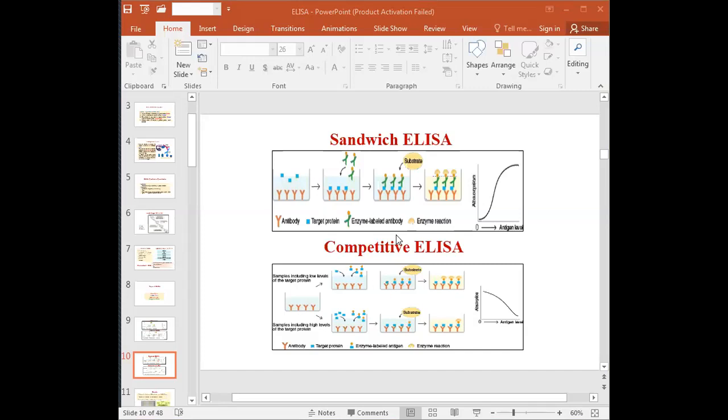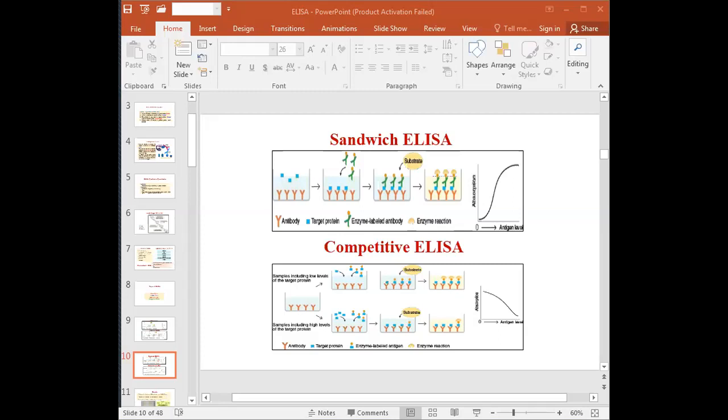The last one is the competitive ELISA technique, and this competitive ELISA technique is a different one. So far, whatever we have discussed is totally different. So here we first add the primary antibody to coat the polystyrene plate well, and then we add two types of antigen.